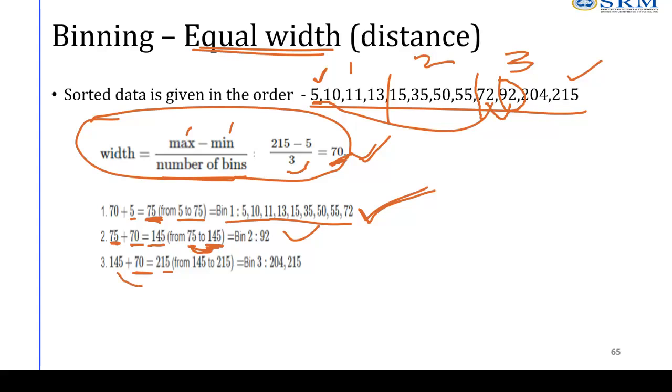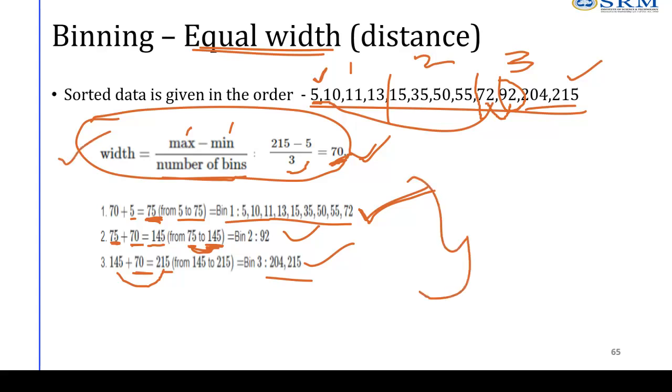So 145 to 215 falls in bin 3, where 205 and 215 fall. This is how we calculate the elements that fall inside each bin according to equal width distance.